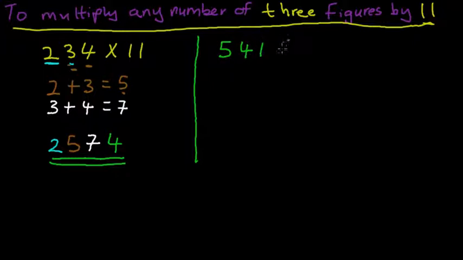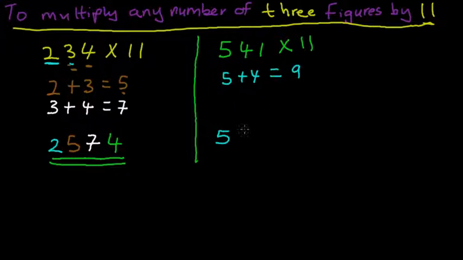541 times 11. You write down the first digit, then you add up the first and the second digit, 5 plus 4, which gives you 9.